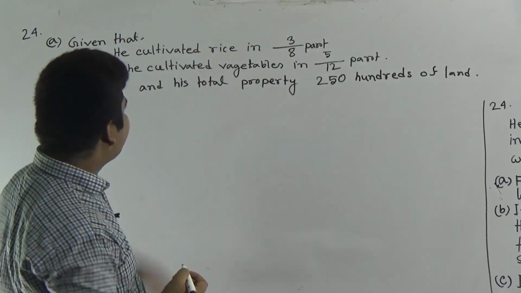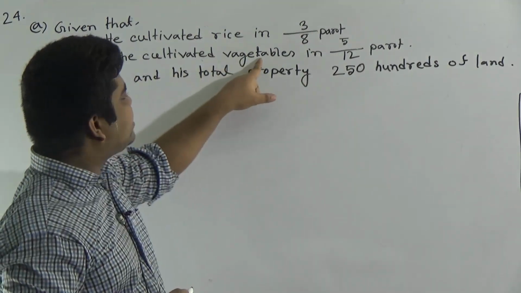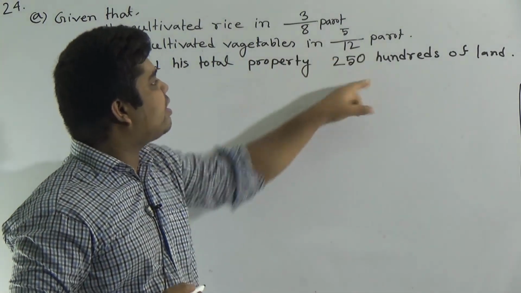Now we convert this 3/8 part into hundredths and vegetables in 5/12 part into hundredths.